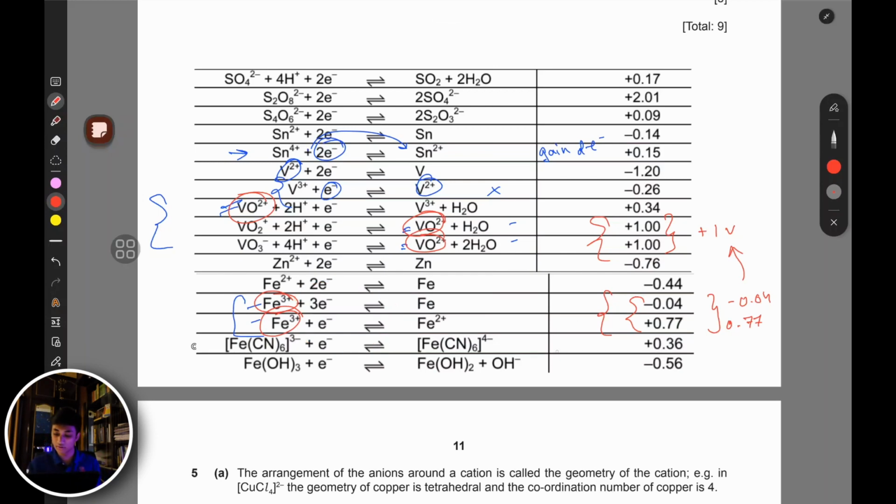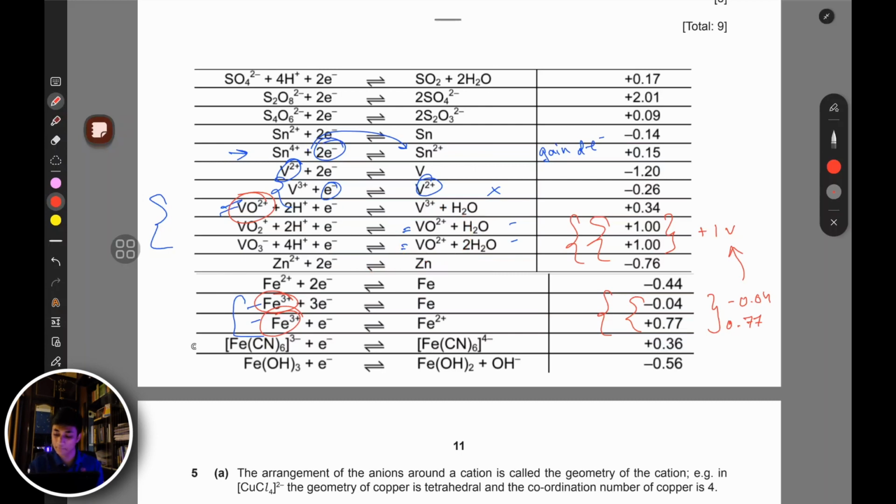So this does not make sense. Again, for these cases, since they have a more positive electrode potential, they are supposed to gain electrons. Are they gaining electrons though? No, they are not. They are rather releasing electrons in the reverse reaction.